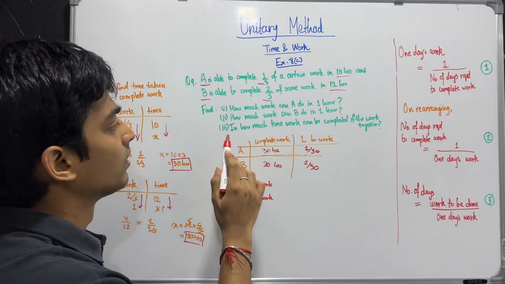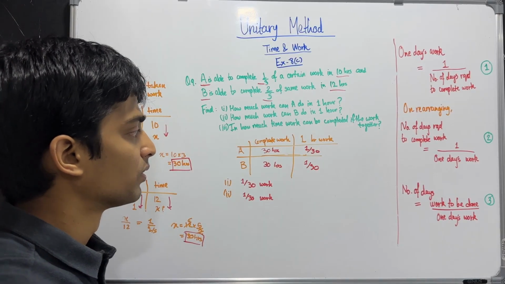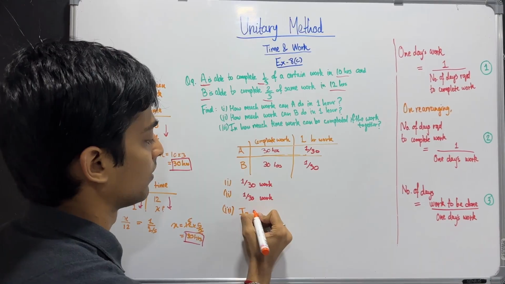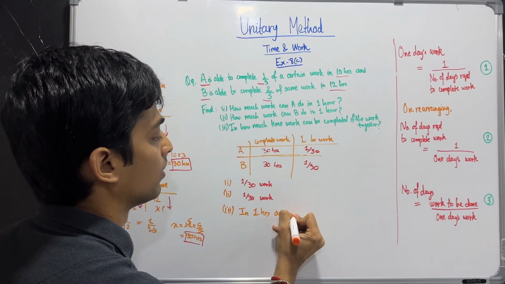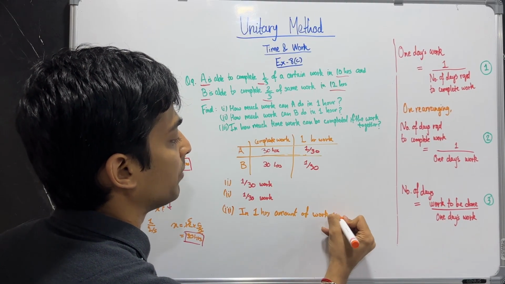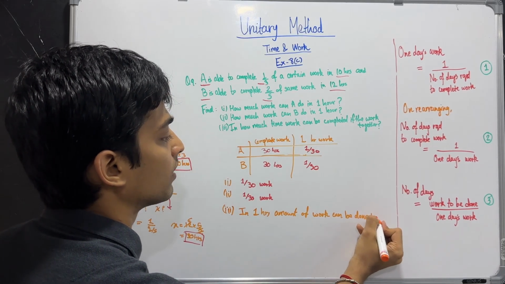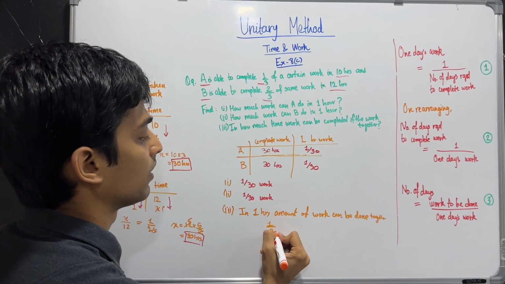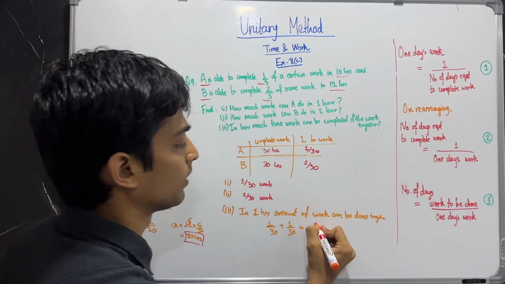Now, third one, in how much time can the work be completed if they work together? Okay. So, if they work together, the amount of work that can be done together in 1 hour will be 1 upon 30 plus 1 upon 30, which is 2 upon 30.